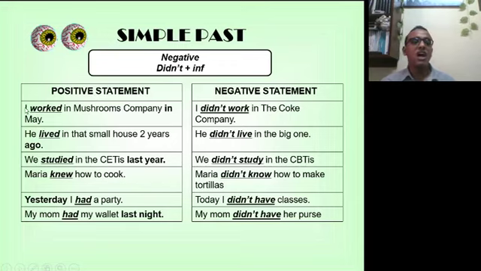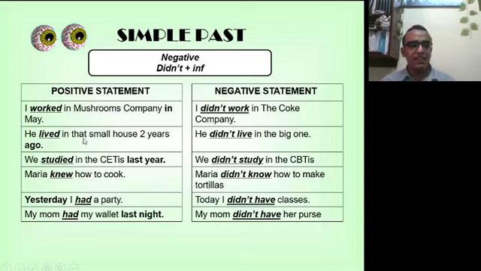So instead of saying I worked, it will be I didn't work. Didn't plus the base form of the verb. Okay, don't say I didn't worked. This is incorrect.